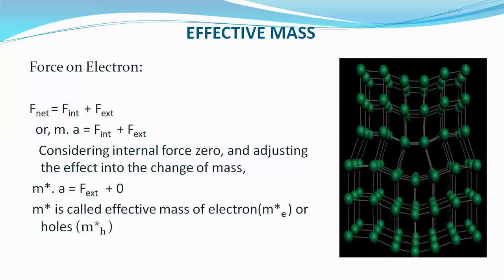That mass is called the effective mass, m star. So m star is called the effective mass of the electron. Let's consider me star is the effective mass for electrons and mh star is the effective mass for holes.